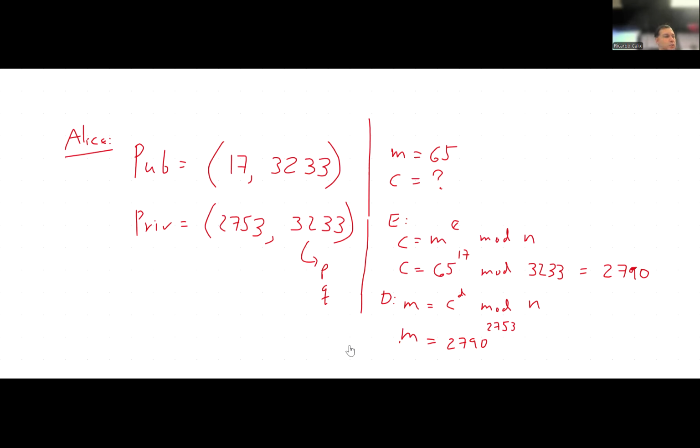So 2790 to the 2753, and then we do mod what? 3233. Yep, and that should result in our M of 65.